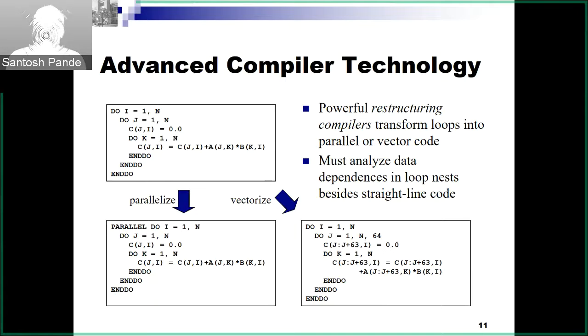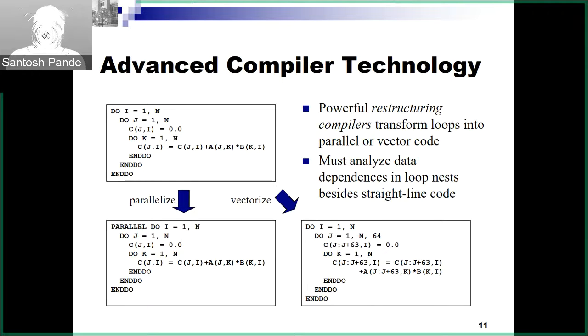In fact, any processing that we are able to do on C, the same vectorization we are doing, taking 63 or 64 things at a time, taking the values which are generated in the body of the K loop, doing the addition or multiplication of 64 parts of J, multiplying this by this particular K in A, which is 64 elements, multiplying by B of K of I, which is like a scalar multiplication.